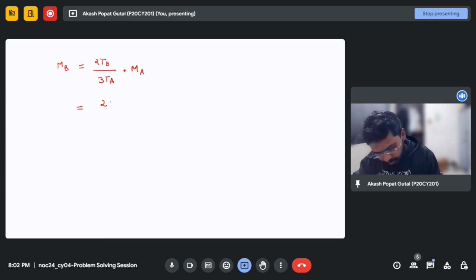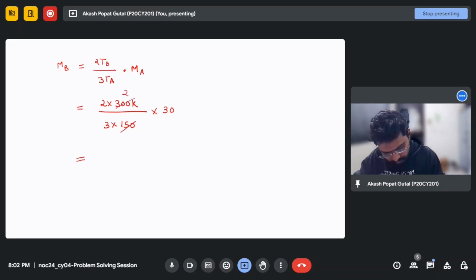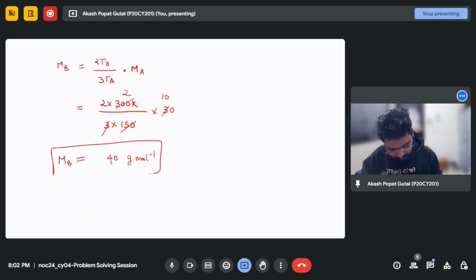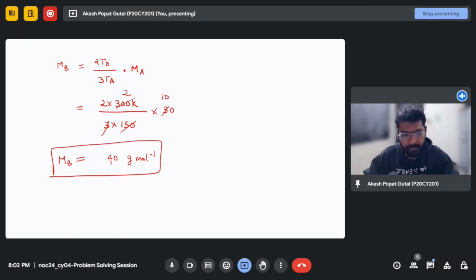So 2 into, here T_B is given 300 Kelvin and T_A is given 150 and the mass of A is 30. It's twice, 3 into 10, 4 cross 10 is 40 gram per mole. Mass of it, right?